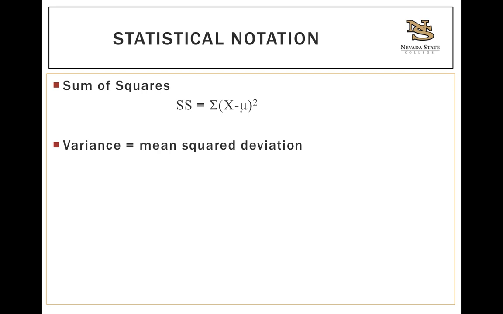Our variance is basically our mean squared deviation, so it's our sum of squares divided by that capital N. And finally, our standard deviation is the square root of this here. So SS divided by N, you take your square root, and that's your standard deviation.